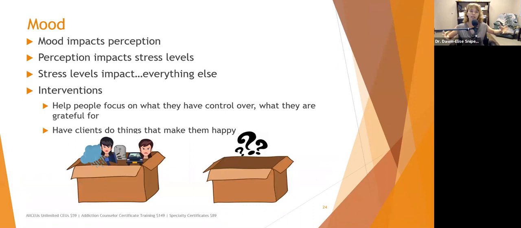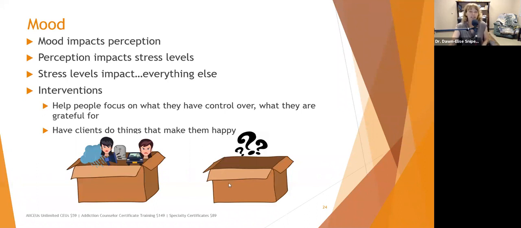No, that's not going to make them just giddy from the get-go, but it does help them to start adding in things that make them at least mildly amused. If they're clinically depressed, they're not going to be rolling with laughter. But if we can help them experience some relief and help them see a glimmer of hope, a glimmer of happiness, then they can start building on that and adding the happy into their box.